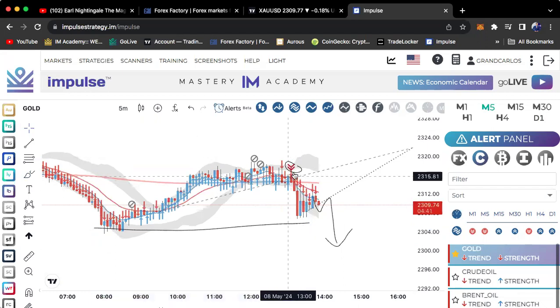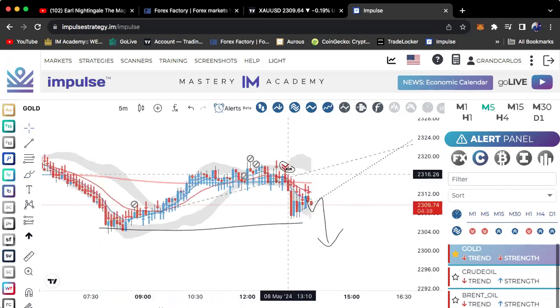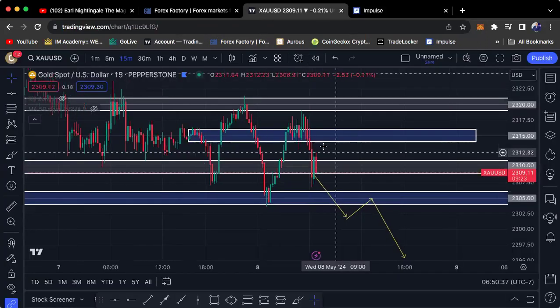Now you see right now it's giving me red signals, so I'm confident enough to go in for that sell. It's giving me this red macro trend. Okay, awesome. So I'm going to wait for that next break or retest.